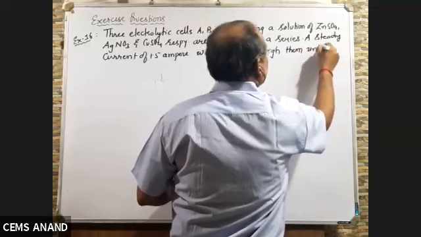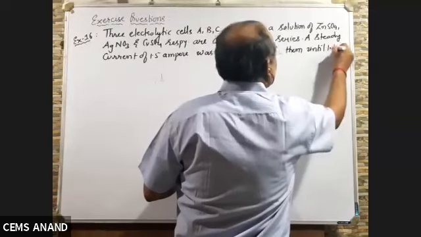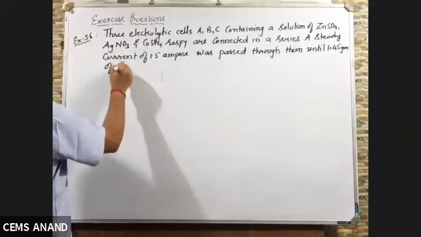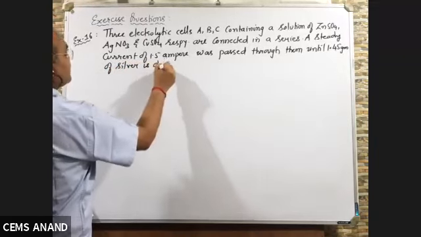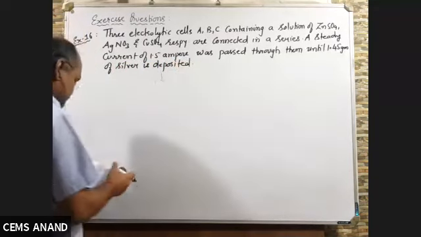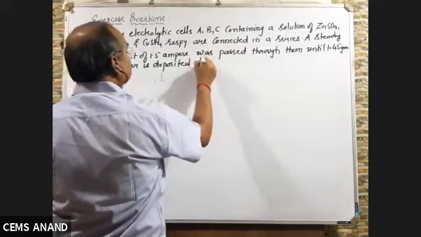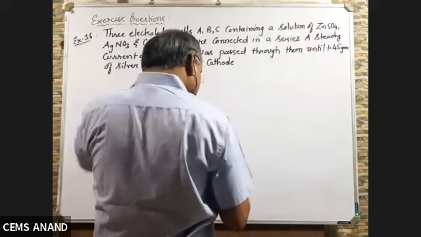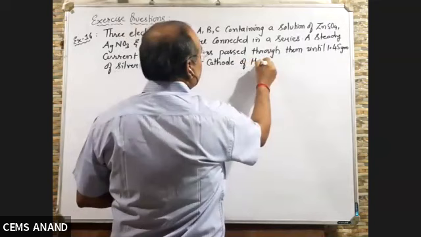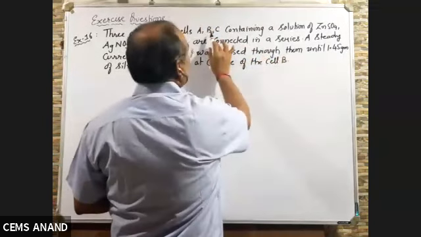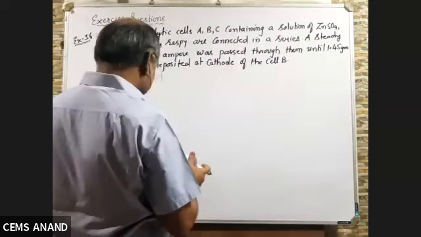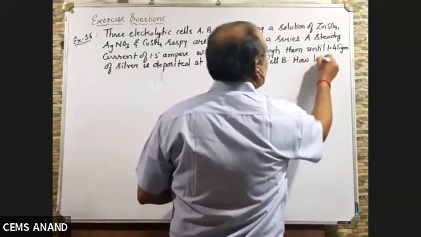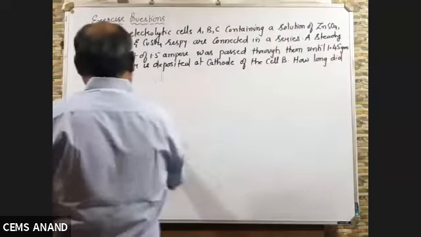until 0.45 gram of silver is deposited at cathode of cell B. Right, because at B you can see silver is there. How long did the current flow?